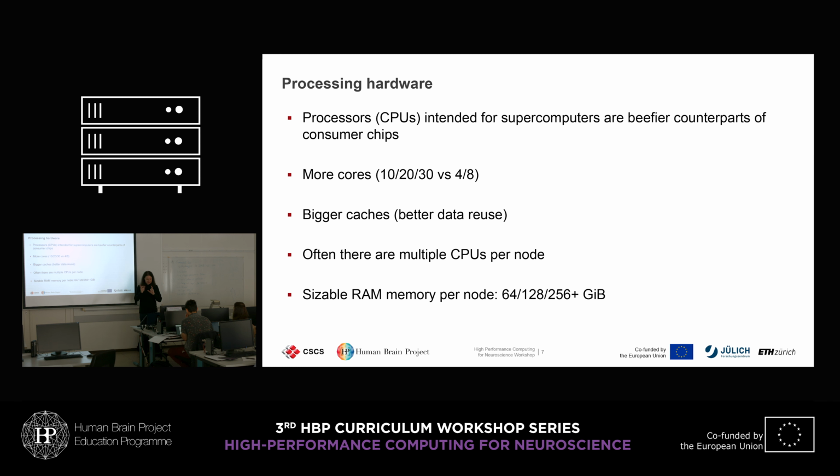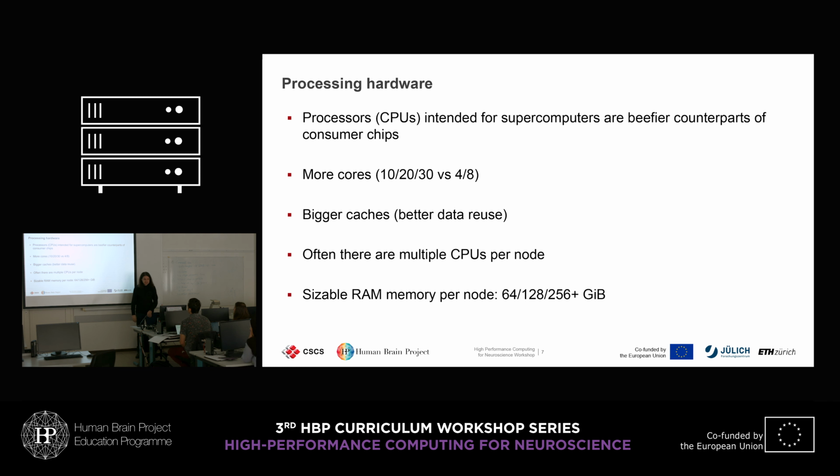While they have similar architectures, they come with way more cores. We're talking about at least 10 cores. 20 or 30 cores are nothing to yell about today. It's pretty common in modern supercomputers, compared to the 4 or 8 cores that you usually get on a laptop.